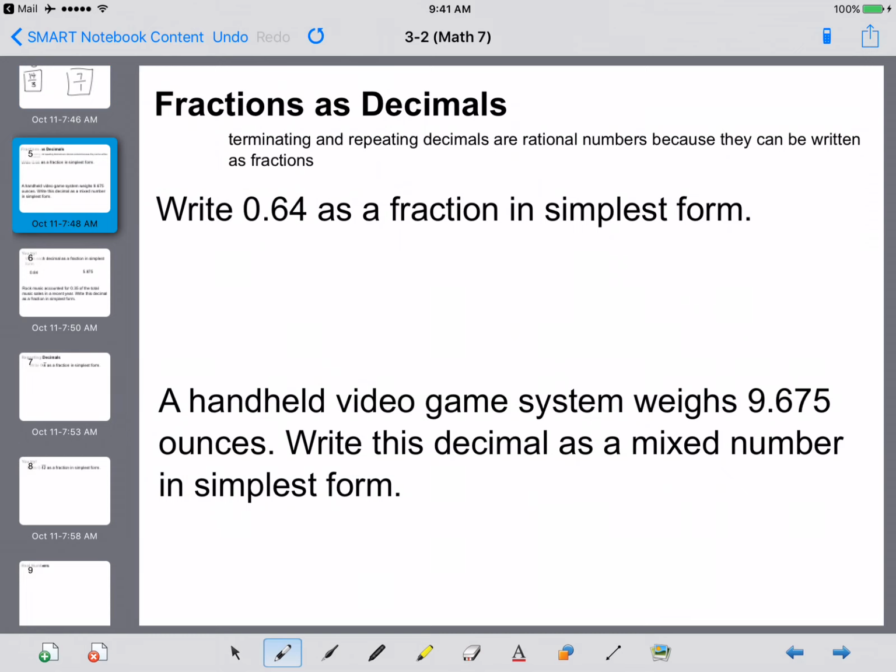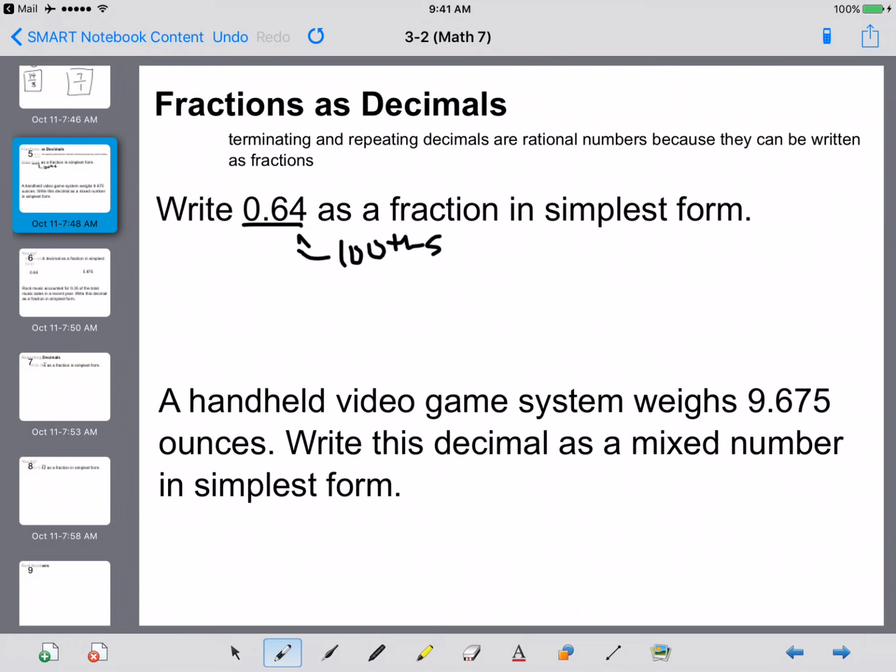Now we're going to work here and we are going to convert decimals into fractions. So terminating and repeating decimals are rational numbers because they can be written as fractions. So a terminating decimal is like this here, 0.64. It comes to an end. So when you read 0.64, the technical way to read that is 64 hundredths because our 4 is in the hundredths place.